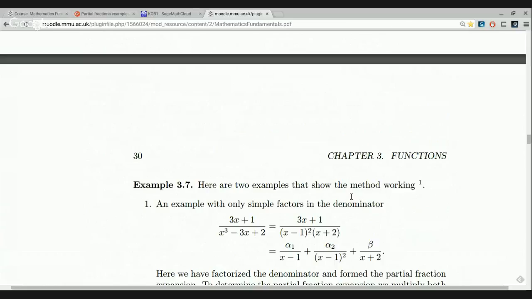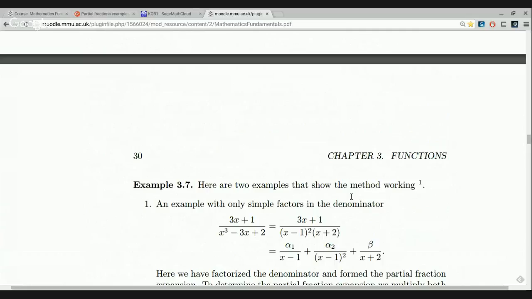And so the first step we do is we obtain the factorization of the polynomial in the denominator. So in order to do that, we have to locate the roots of the polynomial. So the roots of these are 1 and minus 2. So we know the denominator polynomial is going to factorize like that.